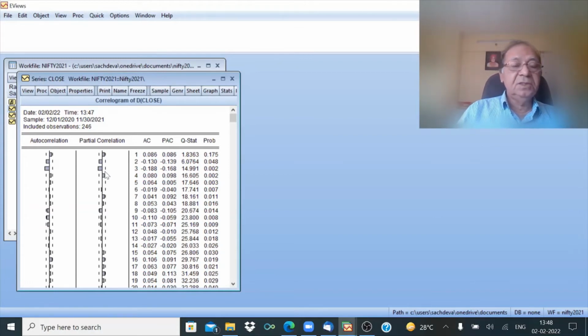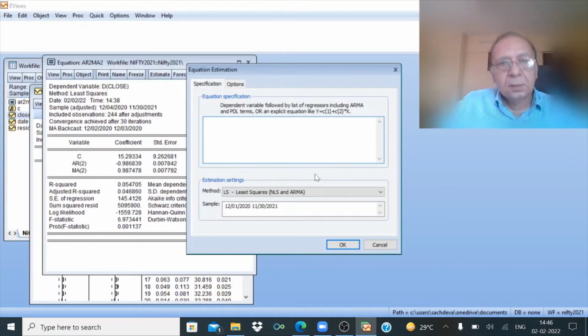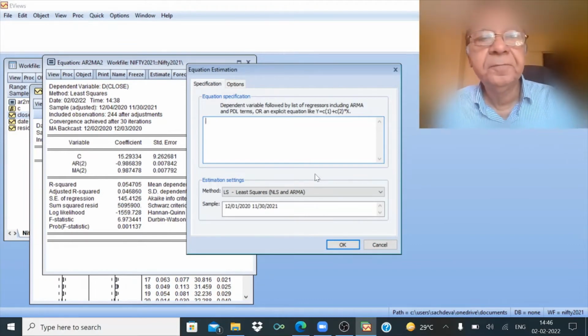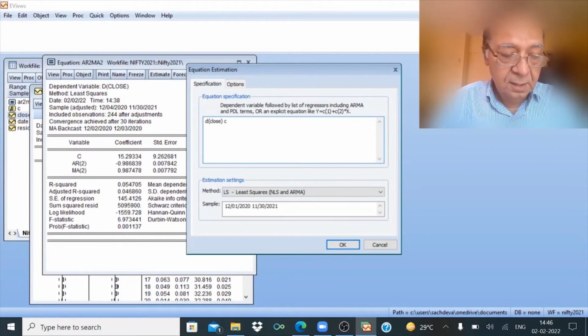We see ARIMA is an art, it is not a science. ARIMA is more of an art than science. Now we will take up the model as AR3 MA3: D close, C, AR3, MA3.